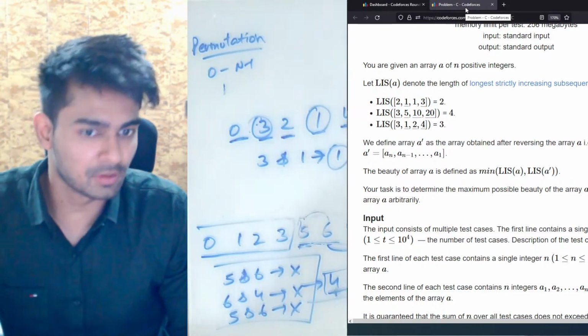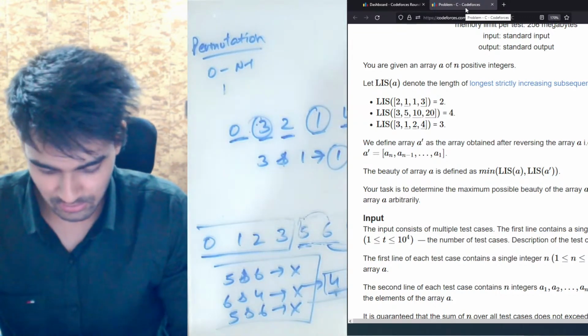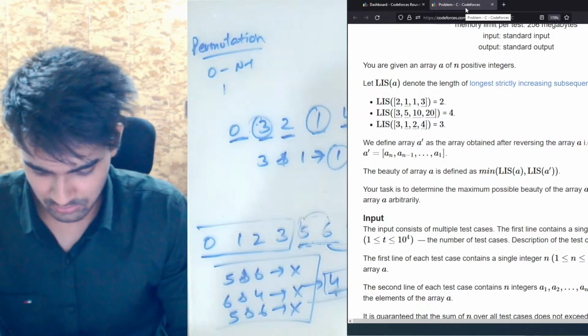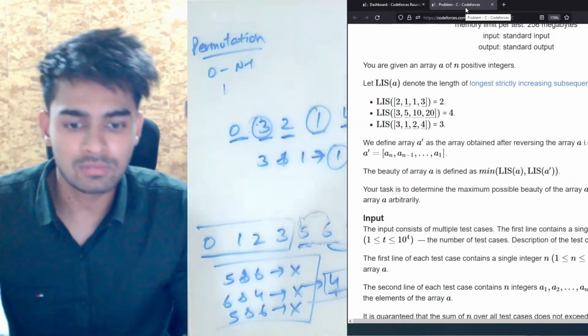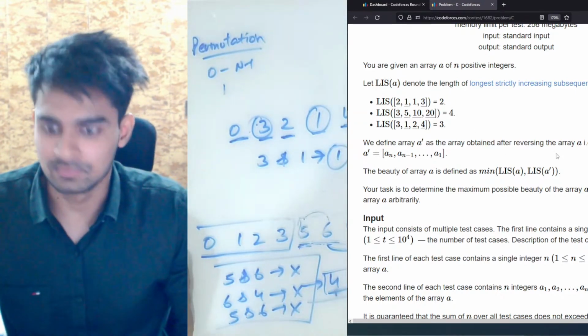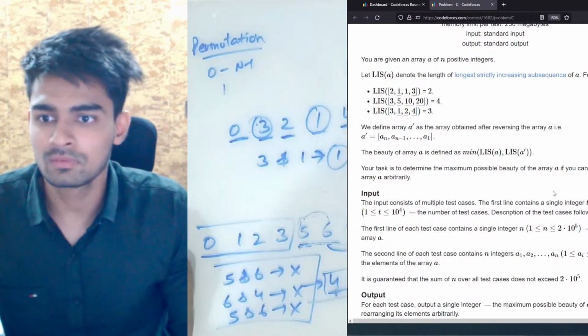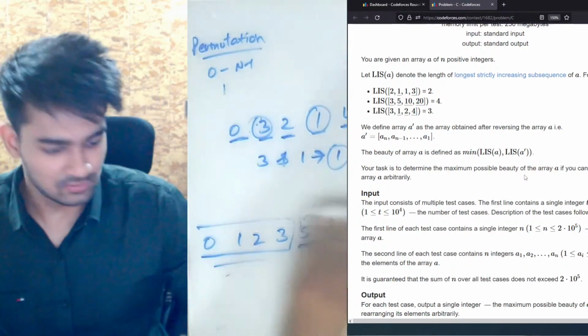How many were able to do problem C? C is an interesting problem with just one edge case. Okay, cool. I think we can start with problem C now.